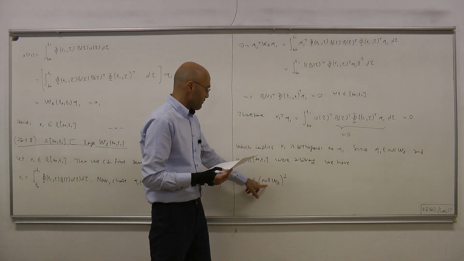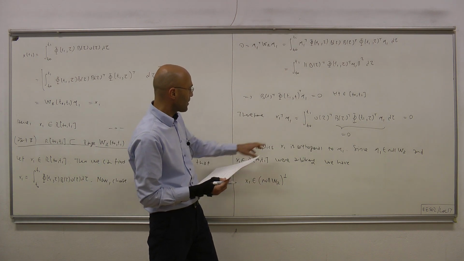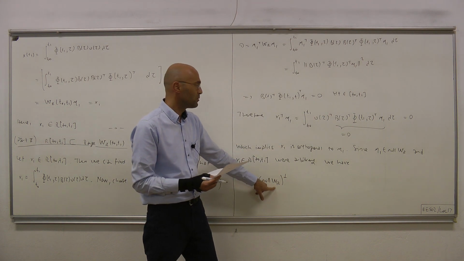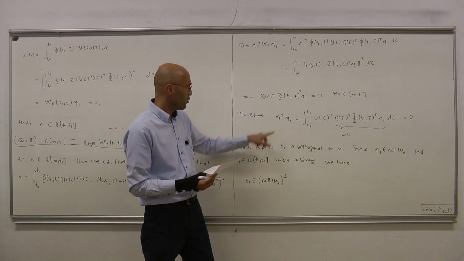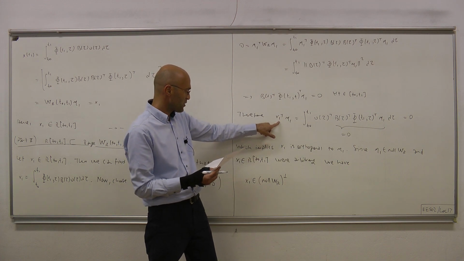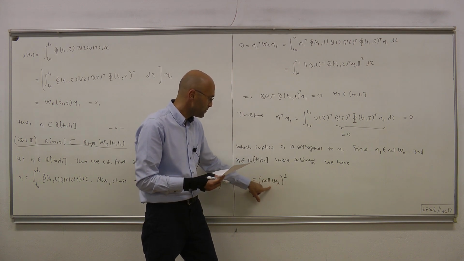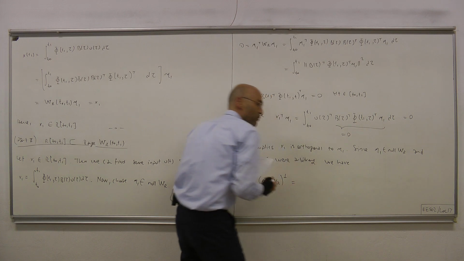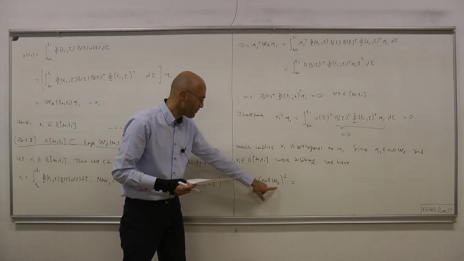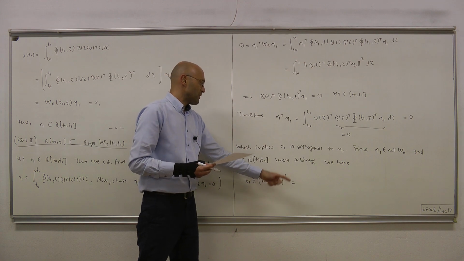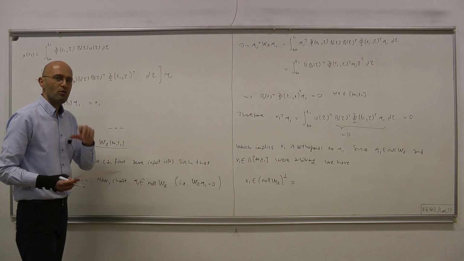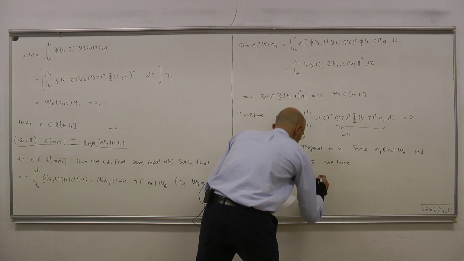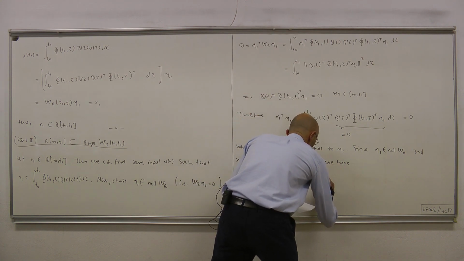Okay, so x1 belongs to the orthogonal complement of this null space. Since eta 1 belongs to the null space of the reachability Gramian, and x1 is always orthogonal to eta 1, that means x1 must belong to the orthogonal complement of that subspace, the null space of W of R. And from 541, we remember that the null space of a matrix's orthogonal complement equals the range space of that matrix's transpose. So that equals the range space of W of R transpose.